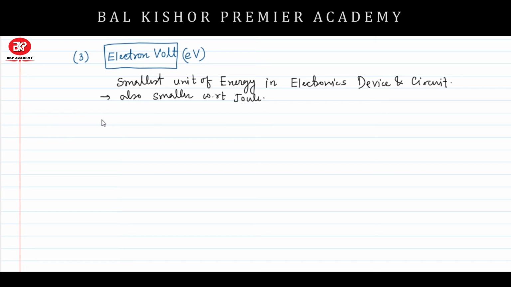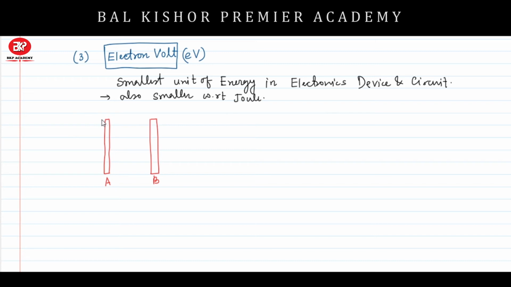Now, what will be the definition of the electron volt unit? For that, let us take an example. Suppose we have a metal plate like this. This is the metal plate A, and let us take another metal plate B like this. So these are the two metal plates.